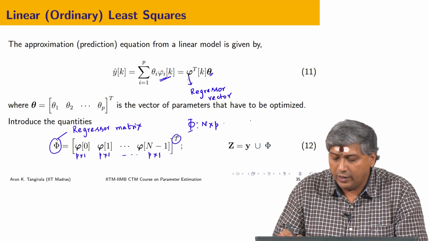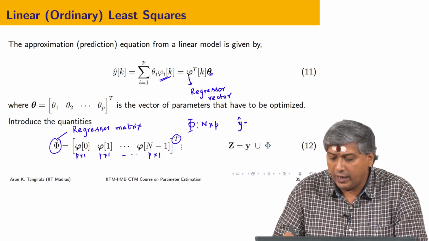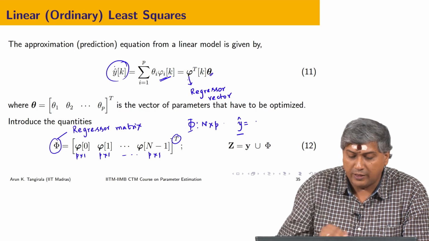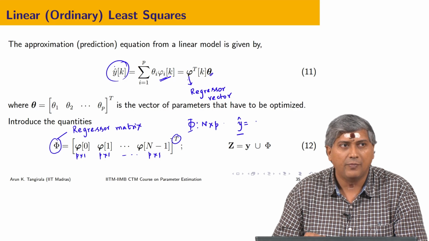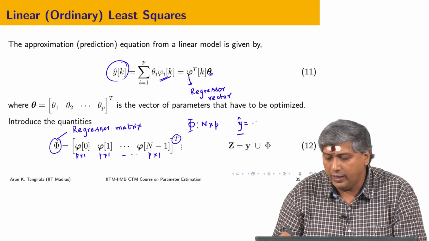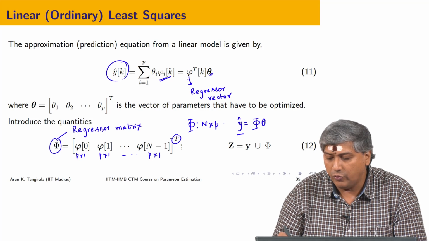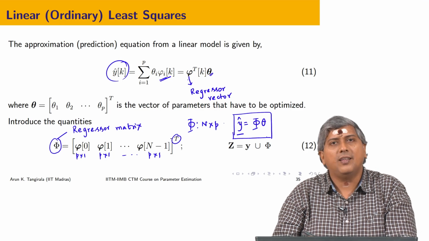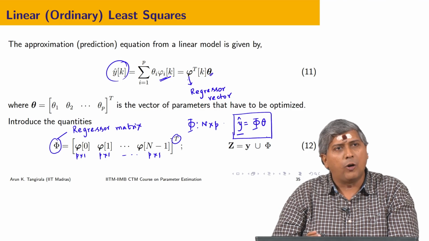So, the idea is to be able to write y hat, the collective vector. This is for a single observation at a single instant in time. For the entire set of observations, we can now write y hat equals phi theta. So, you see it is a nice matrix form, a linear operation.